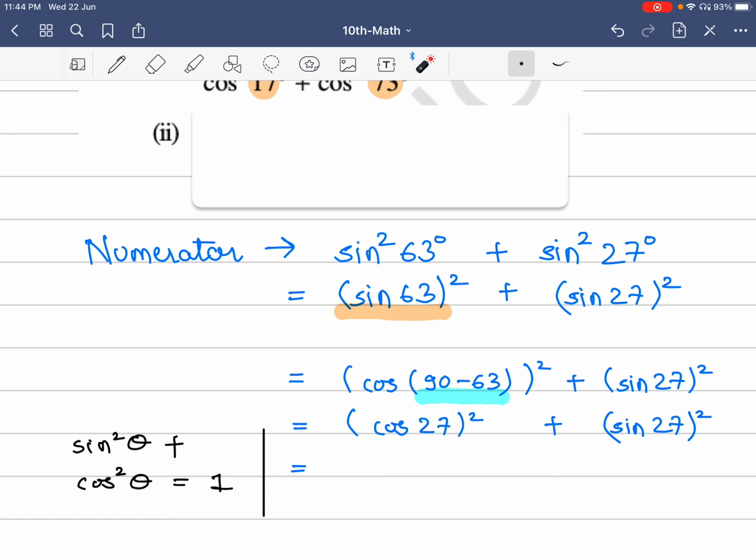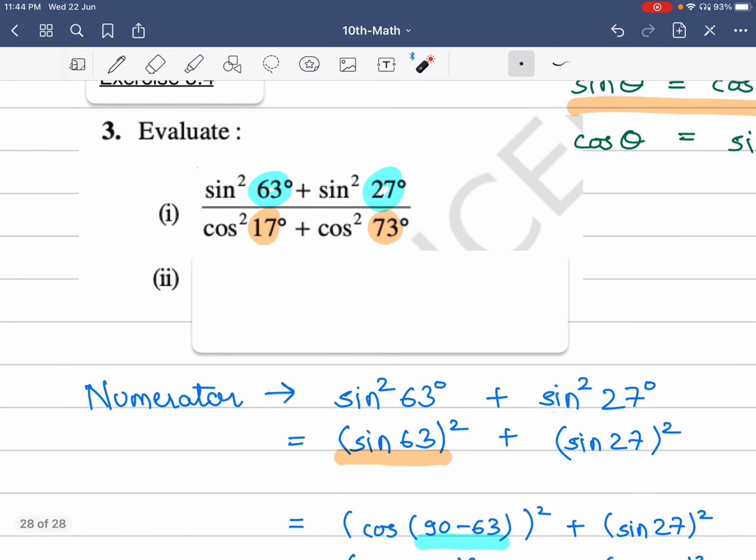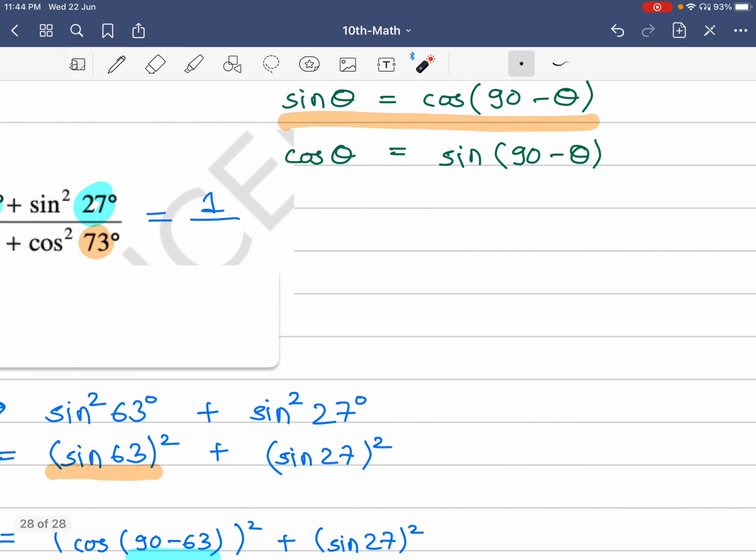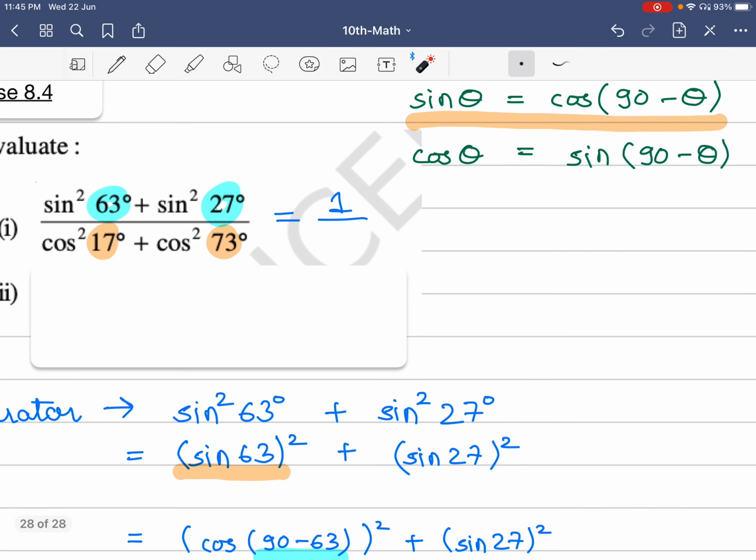Doesn't matter. Sine square theta plus cos square theta will be equal to 1. So thus the numerator has been evaluated to 1. So I'm going to quickly write it here. This is equal to 1 divided by, now we have to check the denominator. So again, for the denominator, let's come to this side.